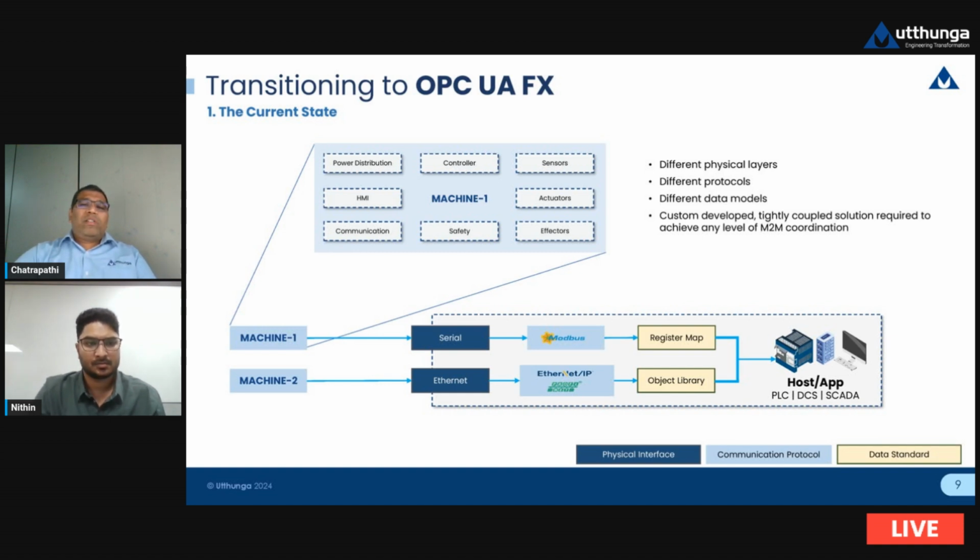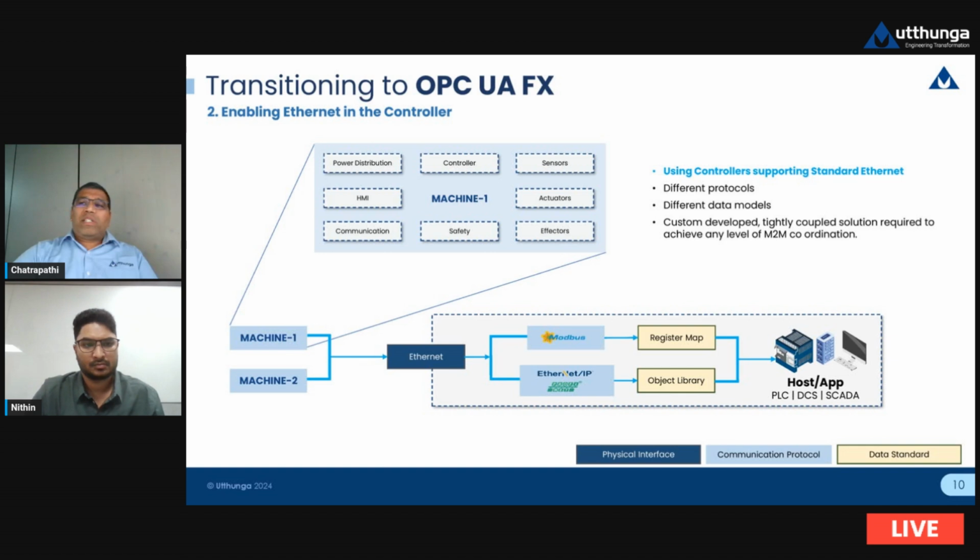So here again, your current machines can be in different stages, based on the kind of hardware and the kind of support that it already has for OPC and so on. So we will look at it from a step-by-step perspective.